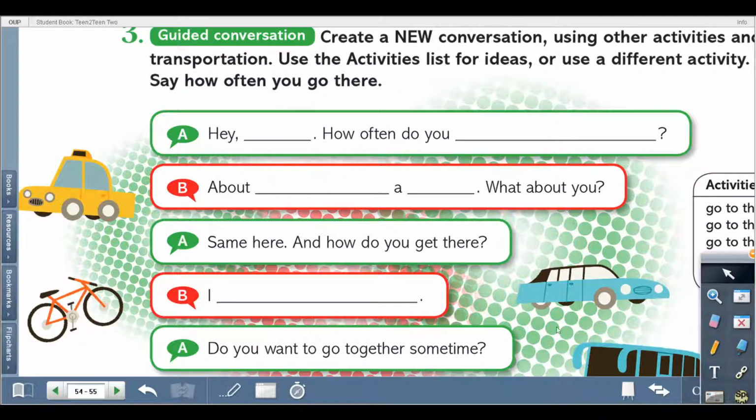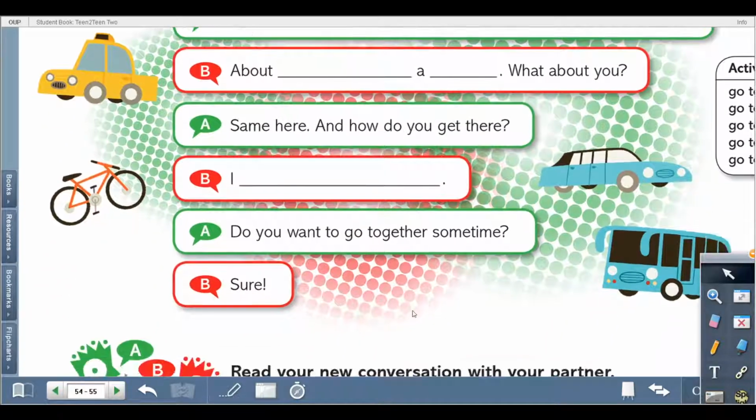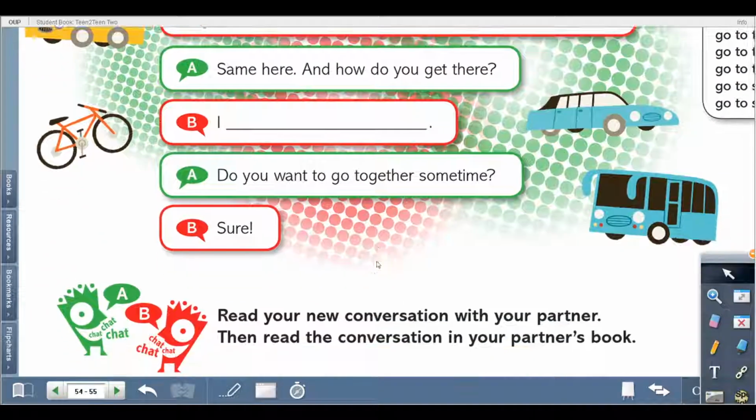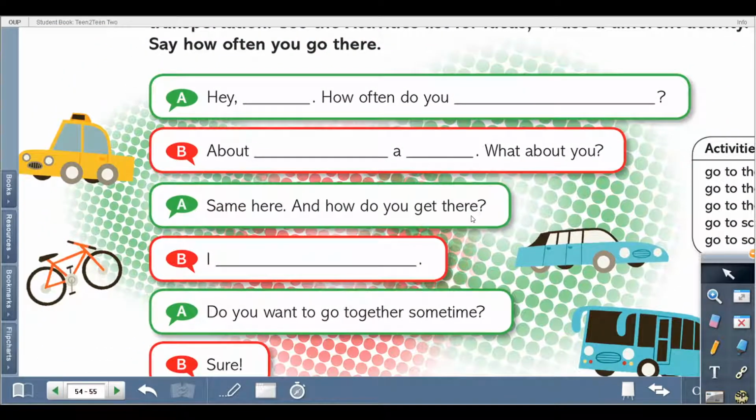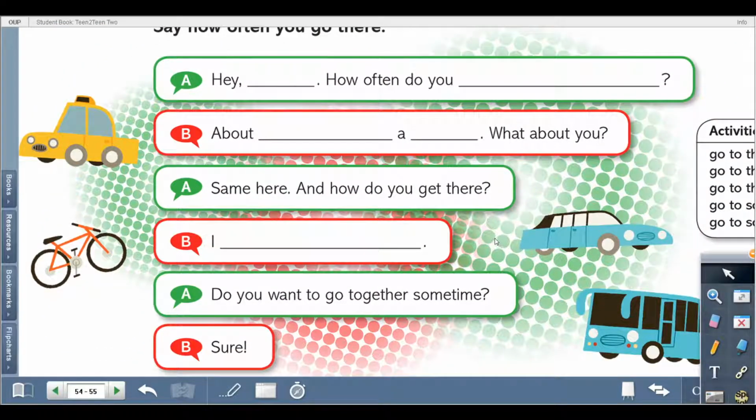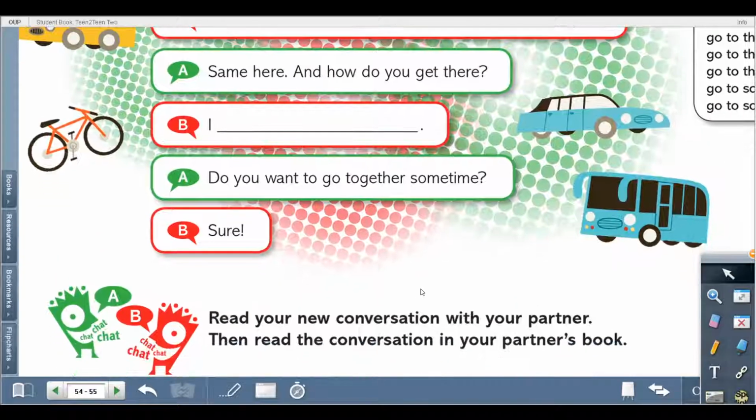Once a week, twice a week. What about you? Same here. And how do you get there? Okay, do you want to go together sometime? Together with your friend, it means. Write this dialogue according to you and post it to your teacher to check if you wish.